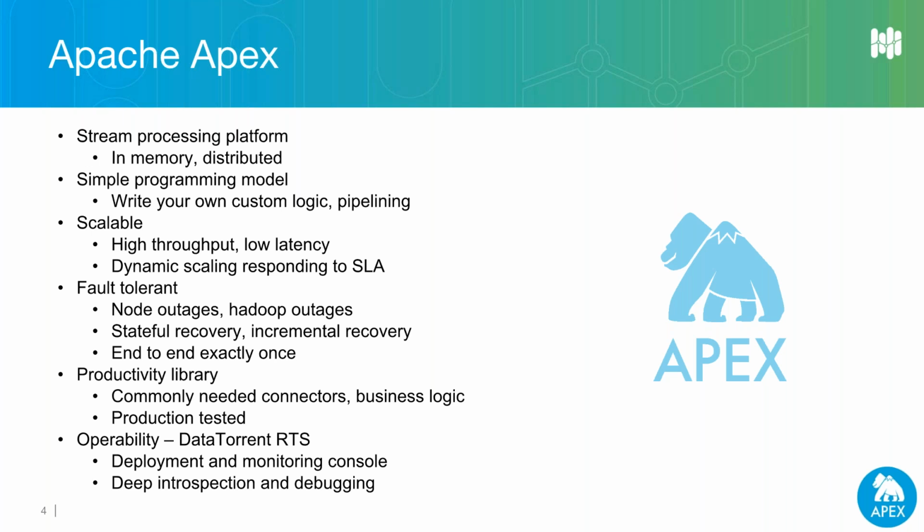And at Datatorrent, we also provide you with a console wherein you can monitor your application, and obviously we provide you with certain features to help you debug your application and easily deploy and monitor the application.